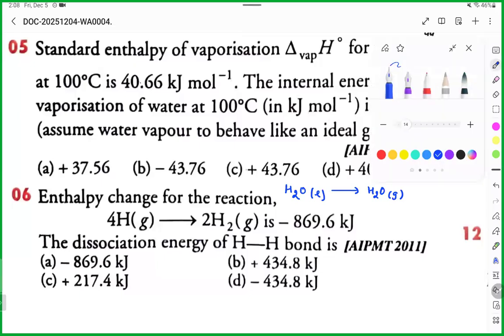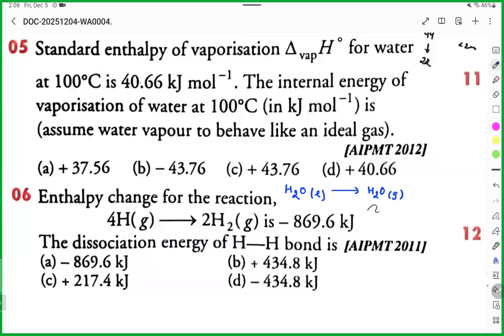If you see, can you apply this delta H is equal to delta U plus delta Ng RT? Yes, sir. And we'll get as 1. Yes, because you don't consider H2O in liquid stage, you consider only in the gaseous state. So here delta Ng value will be 1.